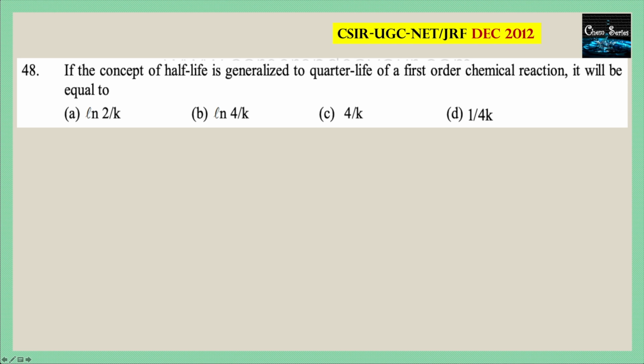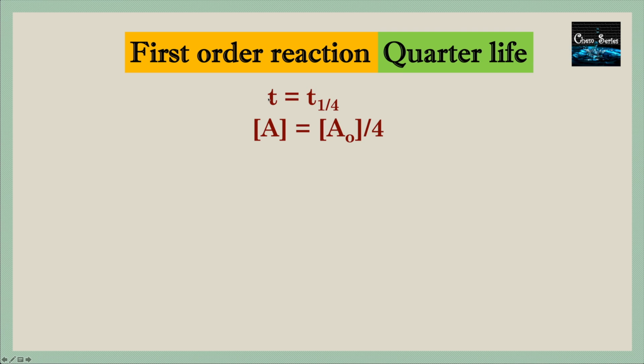Now we have seen how to calculate the half-life for a first order reaction. But what is the question? Quarter life of a first order reaction, right? So we substitute T by T1 by 4 and the concentration of the reactant as a quarter of the initial concentration, that is A naught by 4. This is your rate constant equation, and in it we substitute T and A by T1 by 4 and A naught by 4.